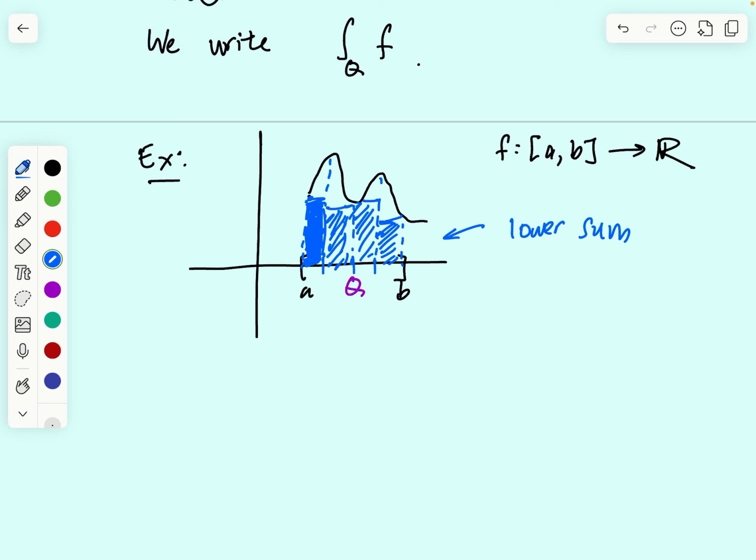And when you take the biggest values, so this would be the biggest value, this would be the biggest value, and this would be the biggest value in this piece, and this in this piece. This area is the upper sum.